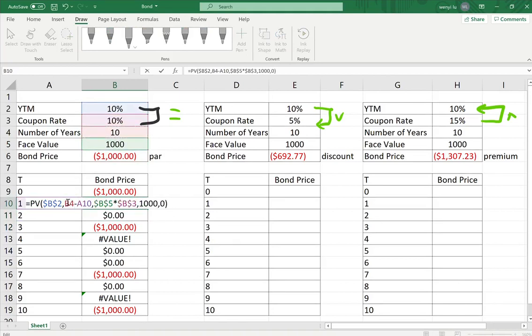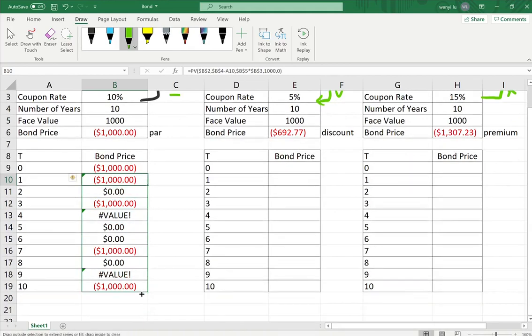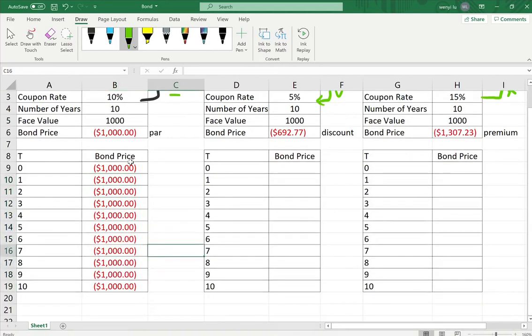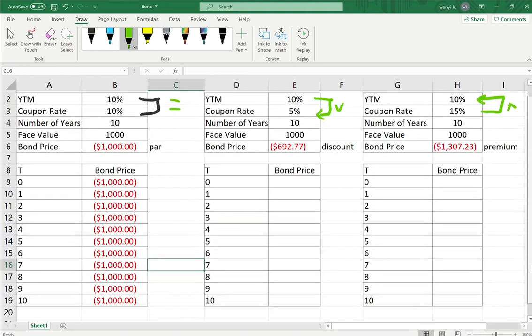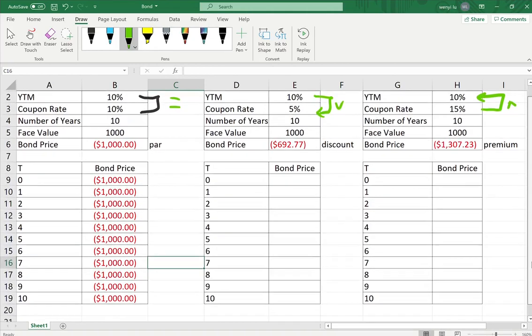So we need to anchor this one for the whole column. Now we can drag this one down. You can see the price of the bond stays the same at $1,000 from 0 to 10 if the coupon rate equals the yield to maturity.